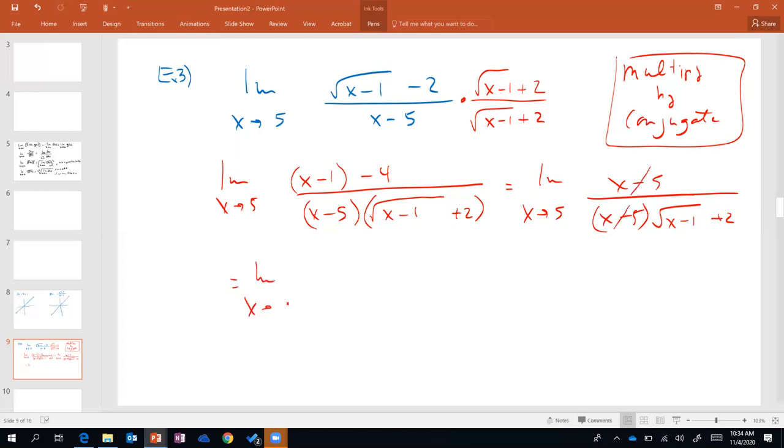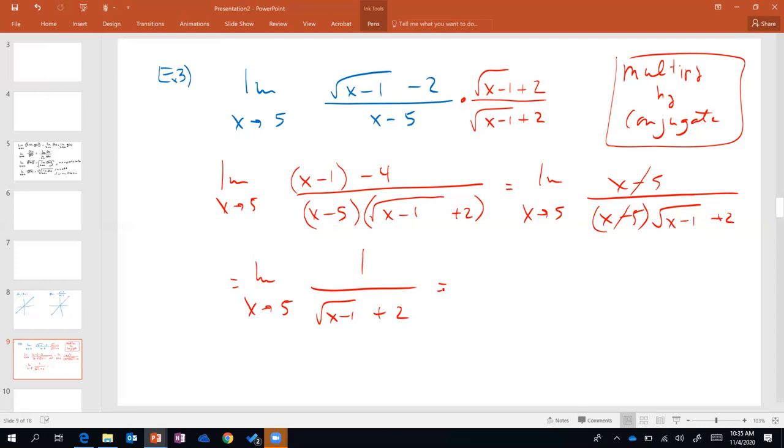Limit as x goes to 5 of 1 over the square root of x minus 1 plus 2 this time, and give me the answer if you can. I think we're going to 5, right? 5 minus 1 is 4.